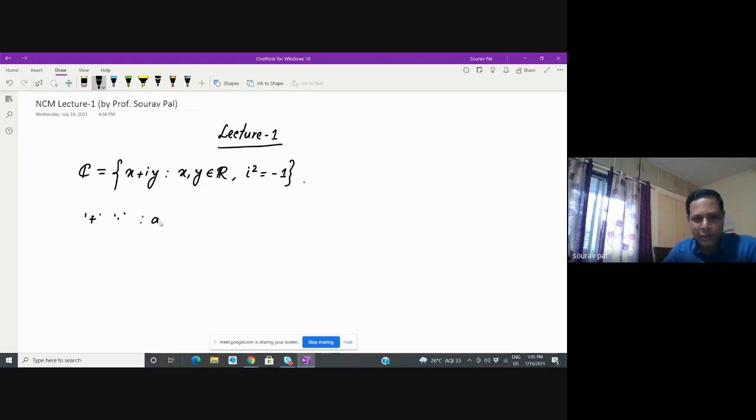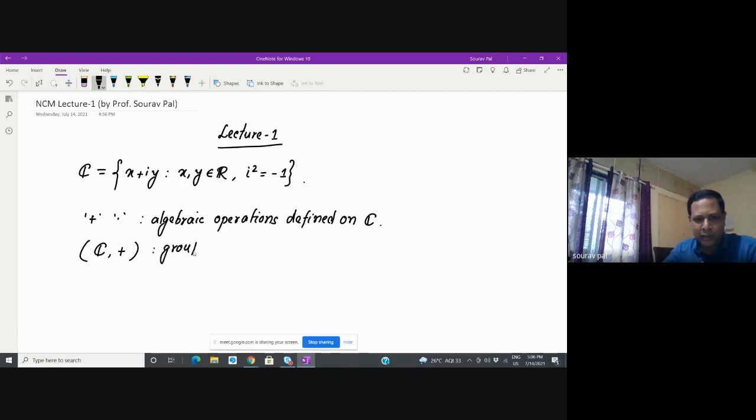They are algebraic operations defined on C. If you have algebraic operations, we know that C with this plus forms a group.